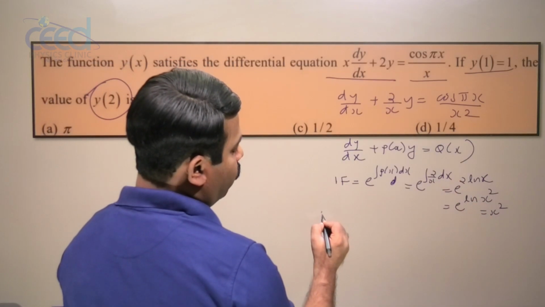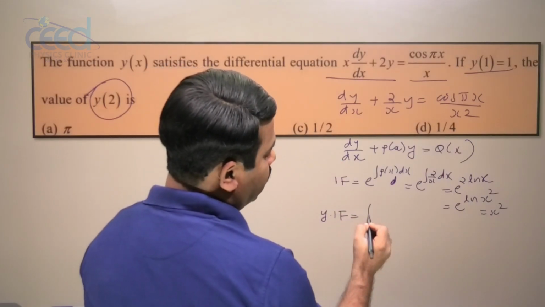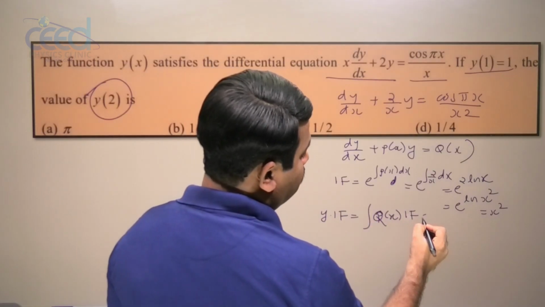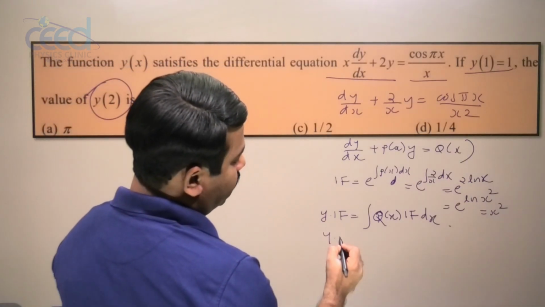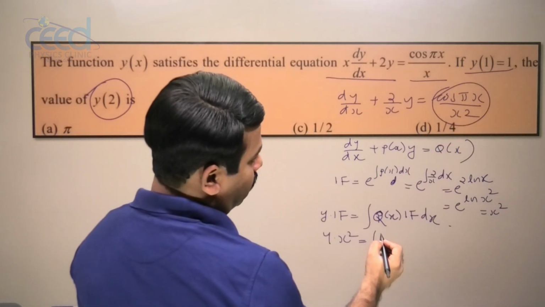Now what is the solution? y into IF is equal to integral of q of x into IF dx. This is the solution, alright? Then y into IF is y x square, and q of x is cos pi x by x square, right?